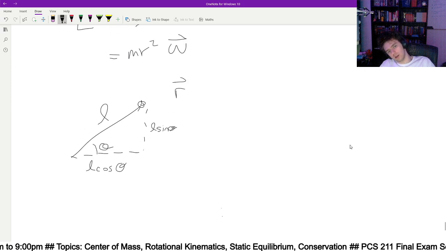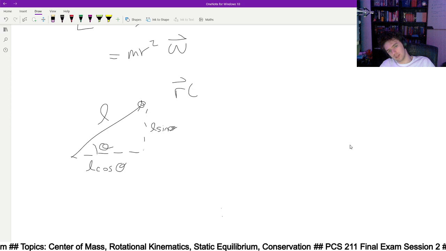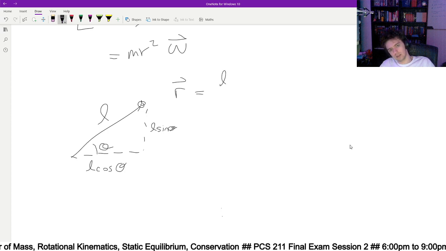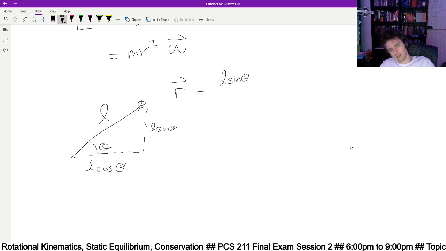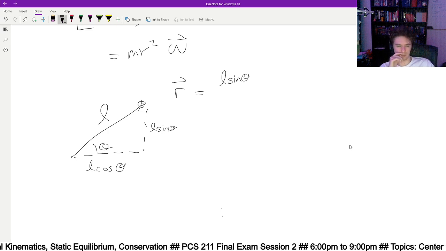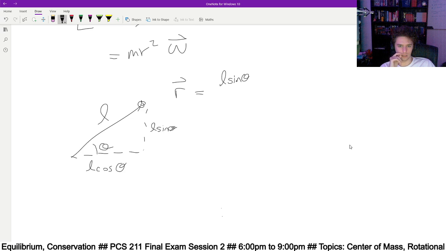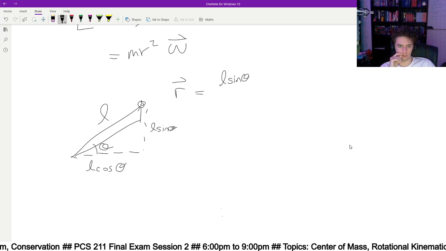So R as a function of theta is going to be L sine theta. Well, but hold on. That's not true, because then it's not L anymore.